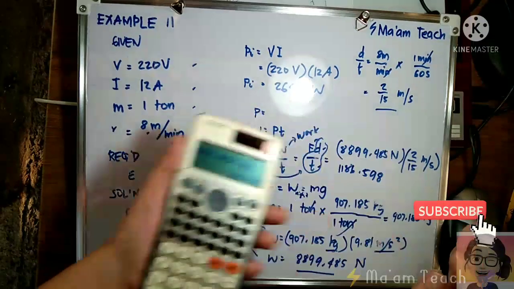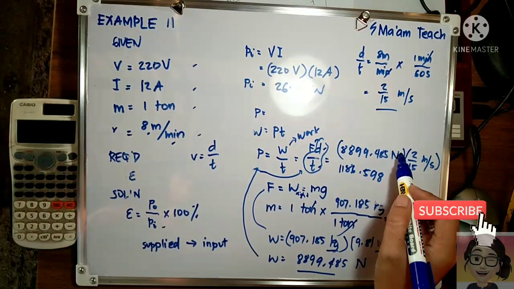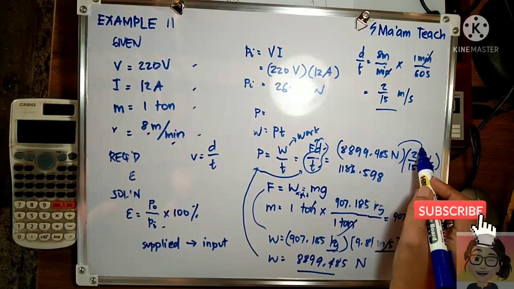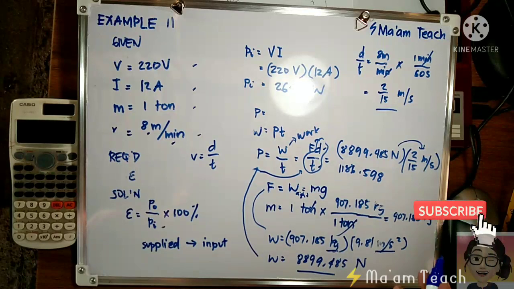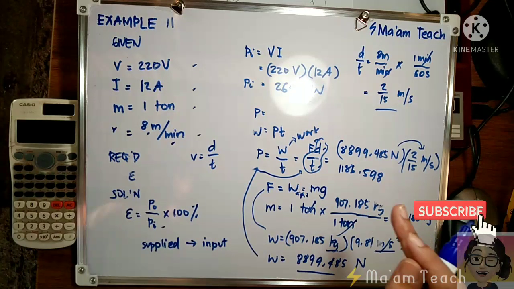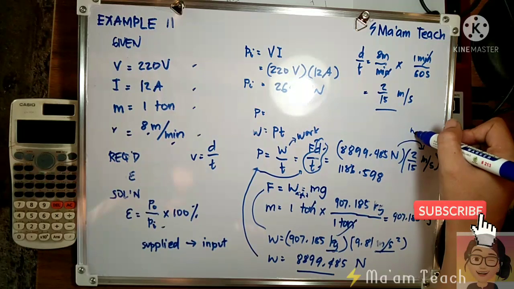Now, what will be the unit, class? Take note that this unit here, Newton meter, force times distance, is work, right?